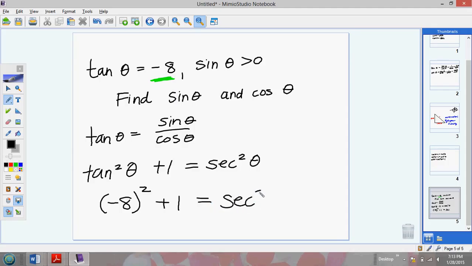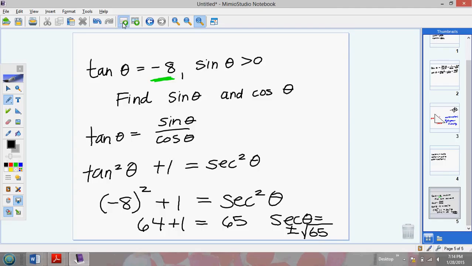We know that -8 squared is 64, and 64 plus 1 is 65. So secant theta equals the positive and negative values of the square root of 65. Keep that in mind, I hope you're taking good notes, so we can move on to the next part of the problem.